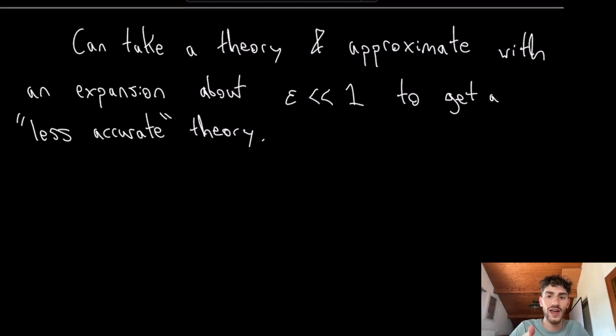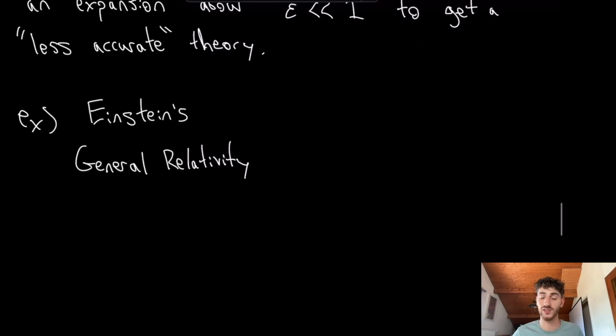And you can show that it's approximately the same as some less accurate theory. Let's take Einstein's general theory of relativity. It describes gravity. You can take this theory and the equations therein, you can expand them and show that in a certain limit, they're approximately the same as Newton's law of gravity.